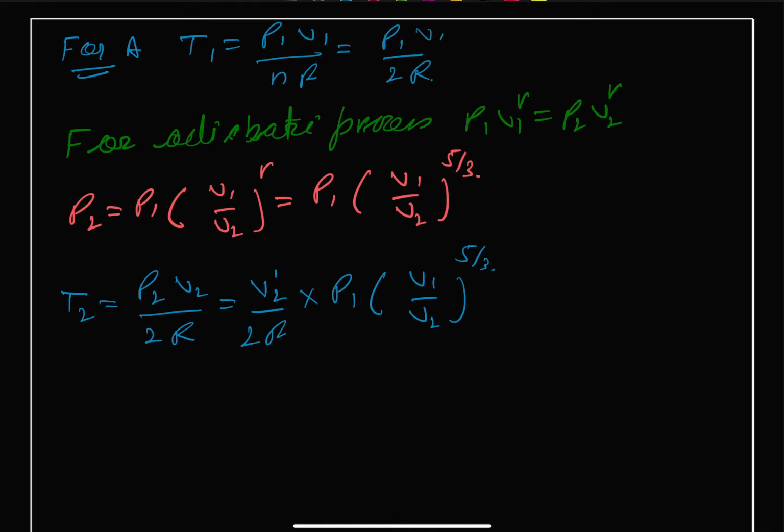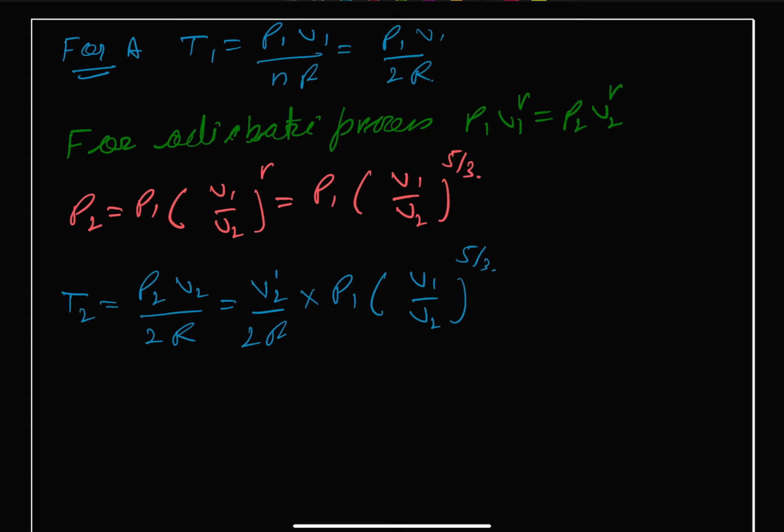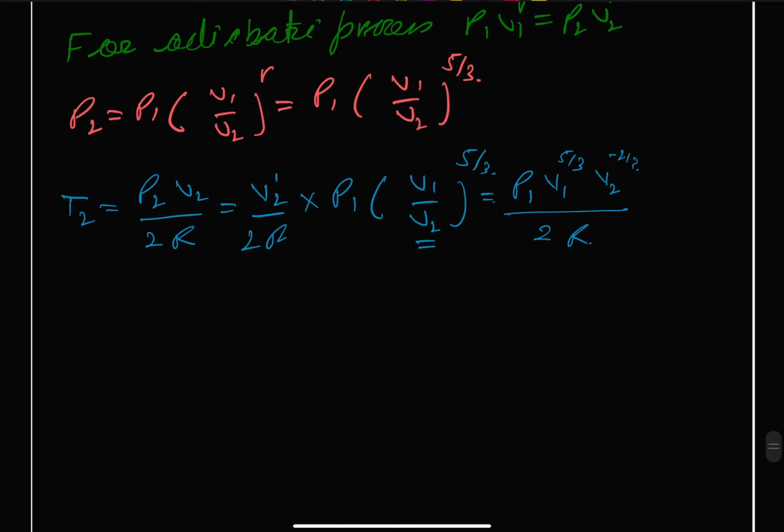This is V2 raised to the power 1, and here it will be V2 raised to the power 5/3, so this will come as minus 2/3. So we can write this as P1, V1 to the power 5/3, V2 to the power minus 2/3, divided by 2R.